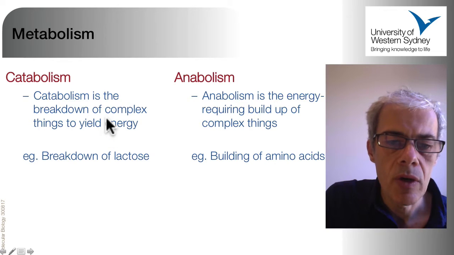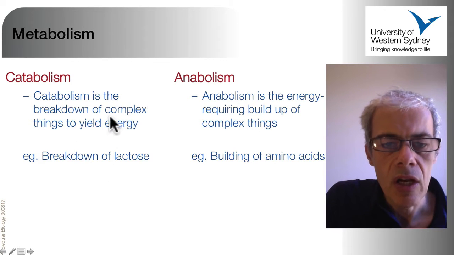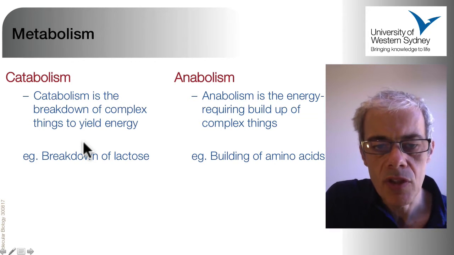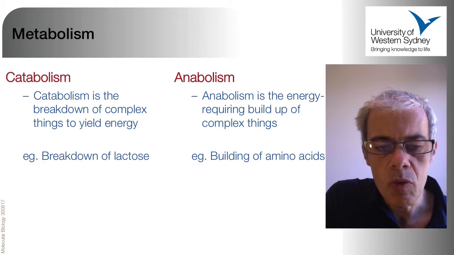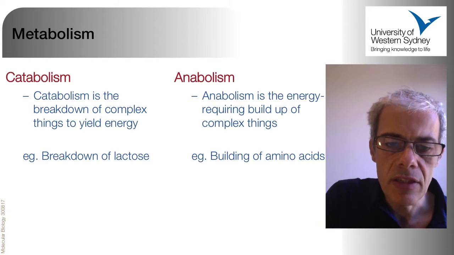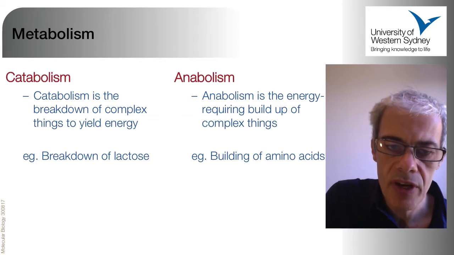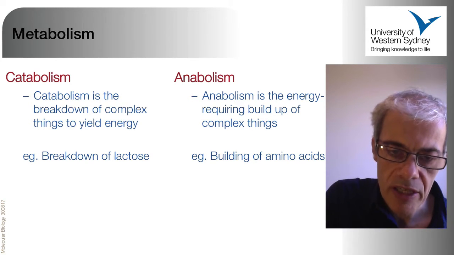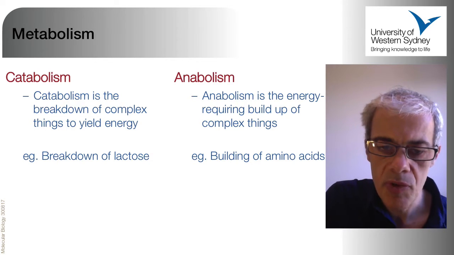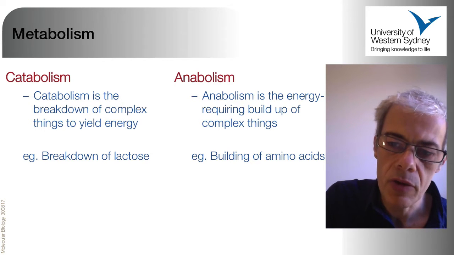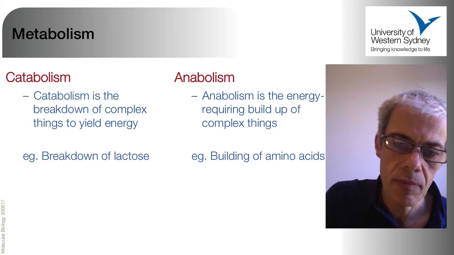Okay, so in terms of a sugar, the presence of a sugar would mean that the cell needs to express the genes to break it down. Okay, if the sugar is present, well, the bacteria goes, right, I need to express certain genes so that I can make use of that sugar to make energy. That's the logic.